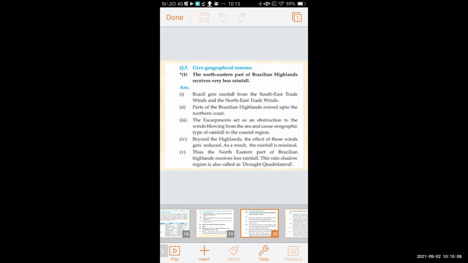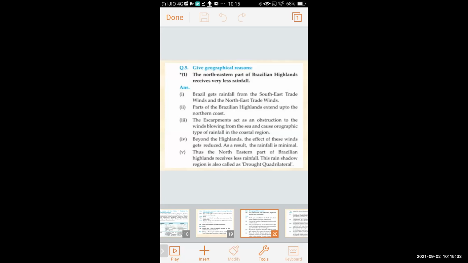So this is the expected answer for the given reason why the northeastern part of the Brazilian highland receives very less rainfall. You have to write: Brazil gets rainfall from the southeast trade wind and the northeast trade wind. Part of the Brazilian highland extends up to the northern coast.